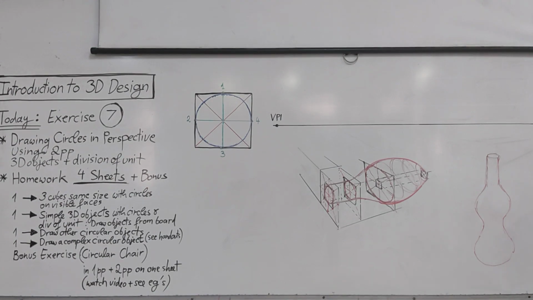Like this object, it will have many changes. It will here have a starting circle, a second circle to show the end. Then we will have here, for example, a circle showing this part of the object, another circle here showing this part. Then, for example, the final circle is down here. So, anywhere where there is a change of shape, there must be a circle drawn.